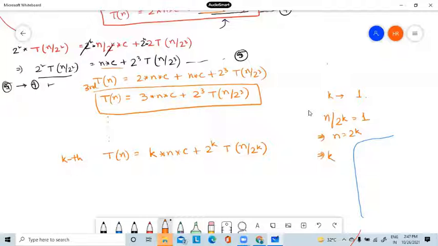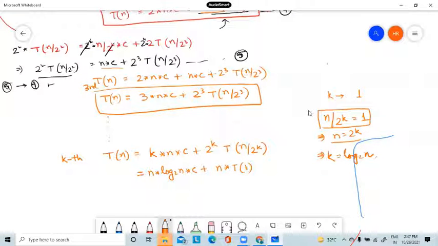It means k is equal to log n. Okay. Now if I put this n/2^k = 1 in this equation, it becomes like this. K is log n, so I am writing n·k, meaning n·log n·c. Now 2^k means n, so n·t(1).